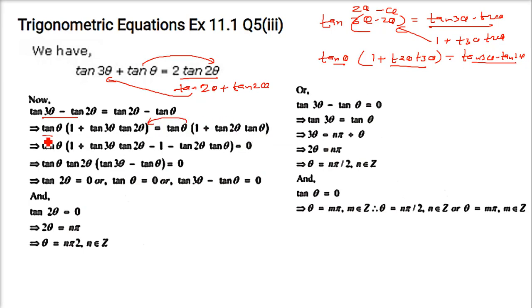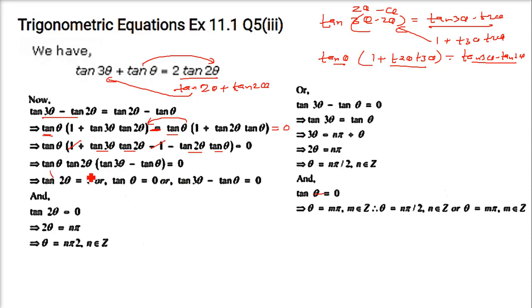So 1 plus tan theta tan 3 theta tan 2 theta, and this will be minus 1 minus tan 2 theta tan theta. Again you see this gets cancelled. So in this, tan 3 theta tan 2 theta minus tan 2 theta tan theta, now we are taking tan 2 theta common, so only tan theta minus tan theta will remain.